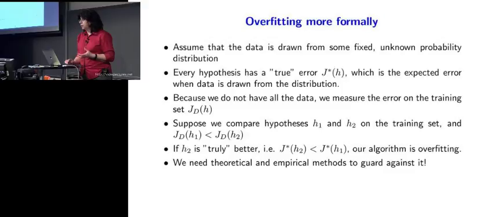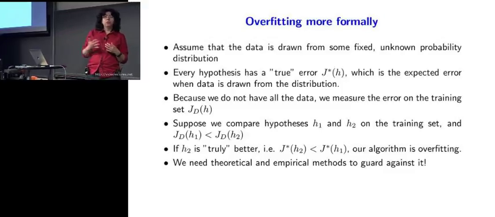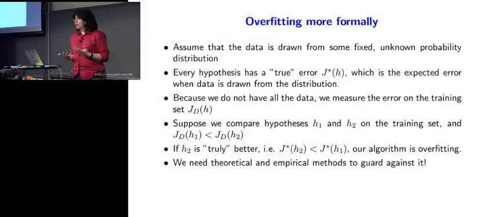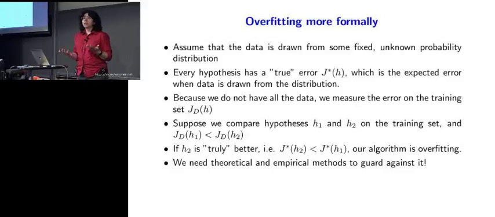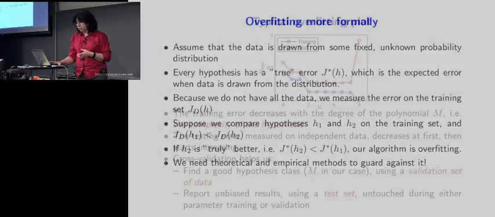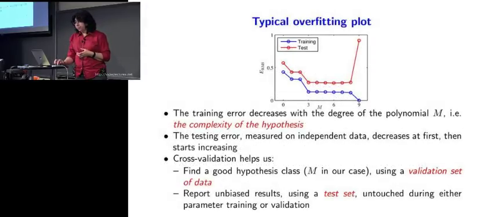So this is the definition of overfitting. Since we're doing Monte Carlo estimation of these errors, one way to avoid this is just to get more data. But if you can't get more data, then we basically need some way of guarding against this phenomenon, which we're going to discuss now.